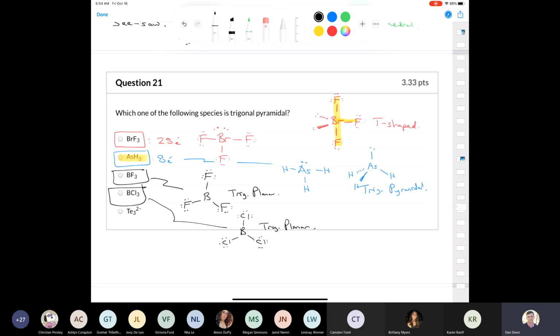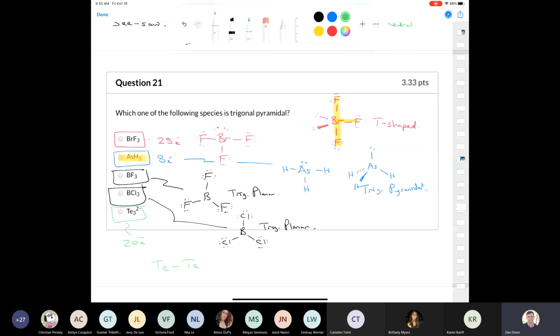And the last one is tellurium, Te3 with a 2- charge. Let me get a different color here. Tellurium is in group 6A, so we have 6 times 3, which is 18, plus 2 for the 2 minus charge. That means we have a total of 20 valence electrons. We'll start with the tellurium like this, okay?